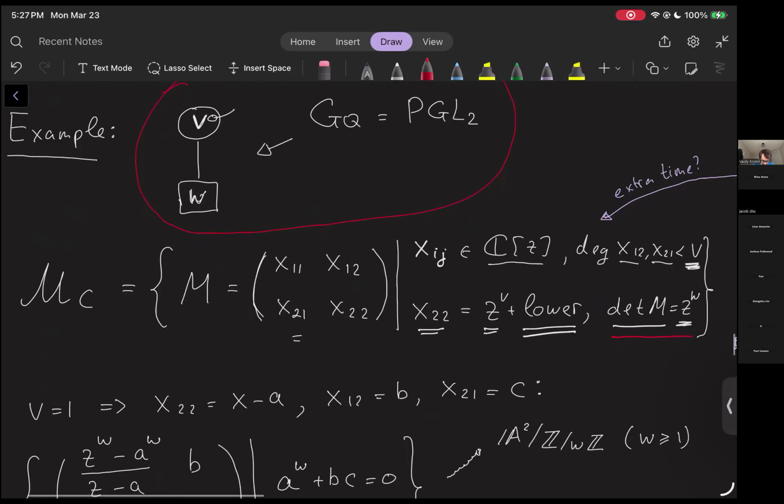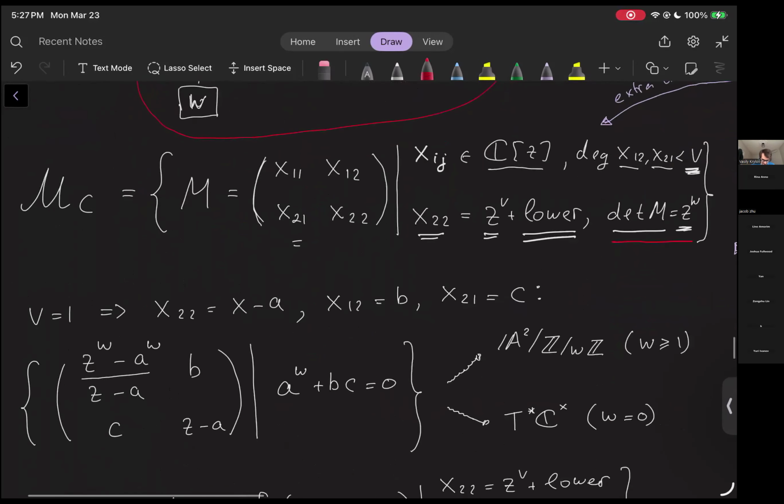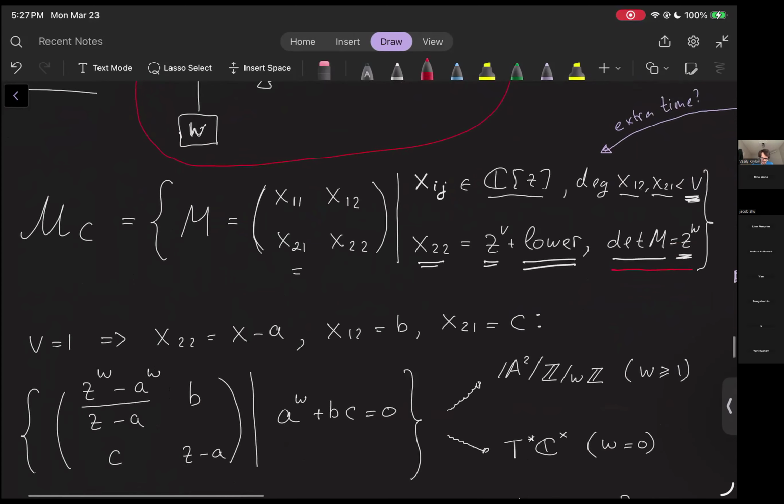And let's see how this definition works explicitly. So, for example, if V is 1, then x22 must be x minus a. The conditions on the degrees of x12 and x21 tell us that both of them are just constants. And then this determinant condition forces us to put x11 to be equal to this thing.